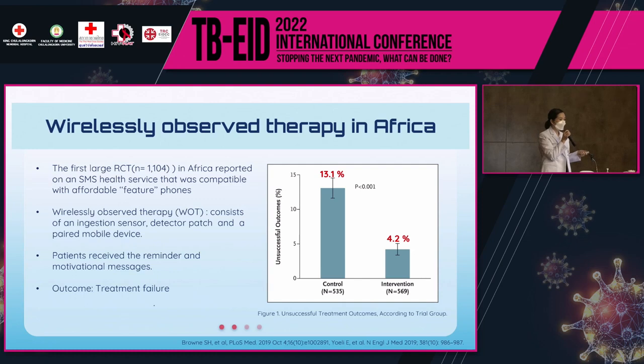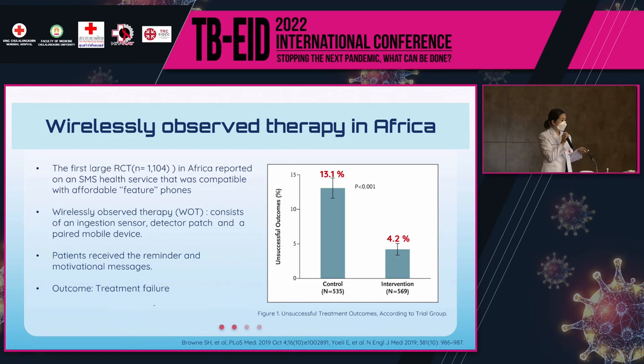This system is similar to SMS. It consists of an ingestible sensor, a detection pad, and pairing with a mobile device. The patient will receive a reminder and motivation message when they have to take the medication, and the outcome is treatment failure for TB.